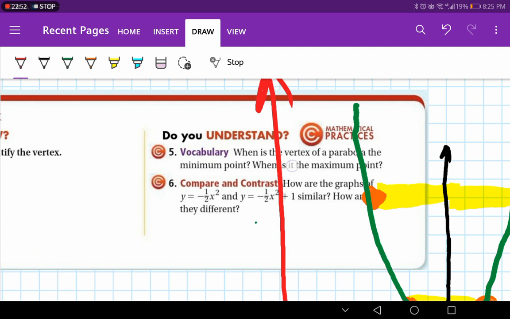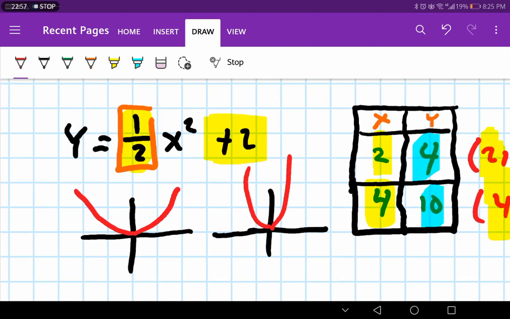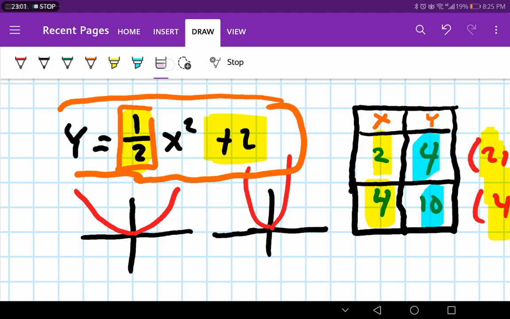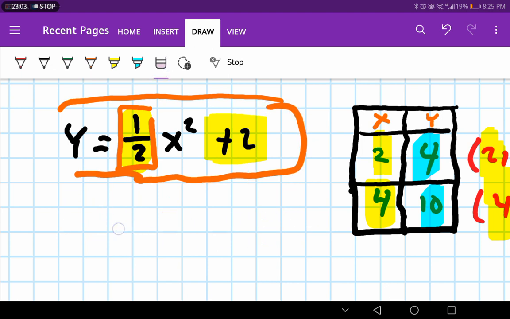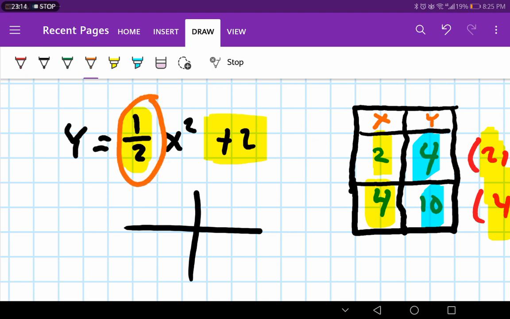Okay, now can you tell me, the vertex here is maximum or minimum? How do I know, teacher? You know by graphing it the fast way. This is positive. It doesn't matter if it is a fraction or a number, it's positive. That means it is like this.